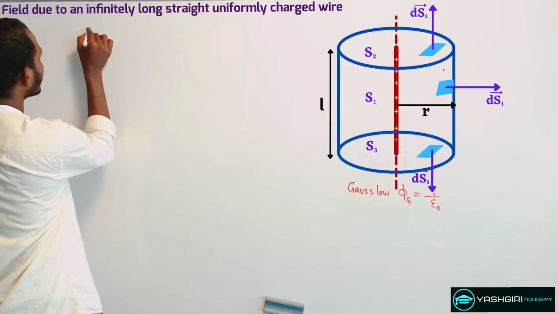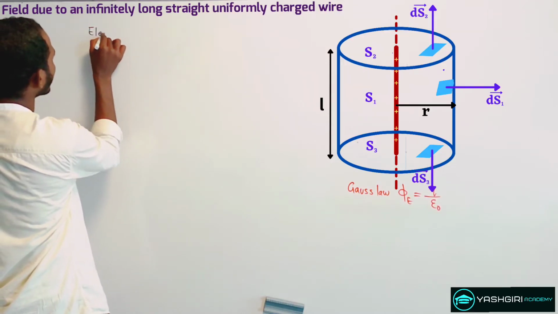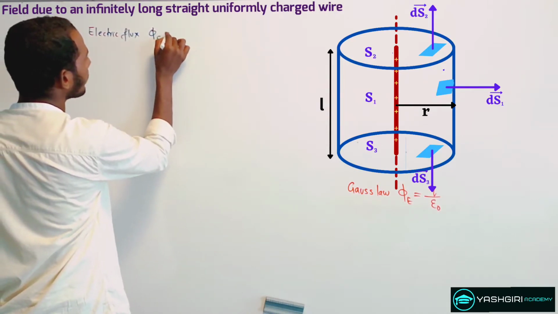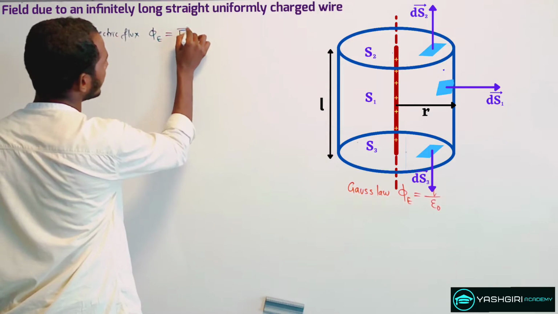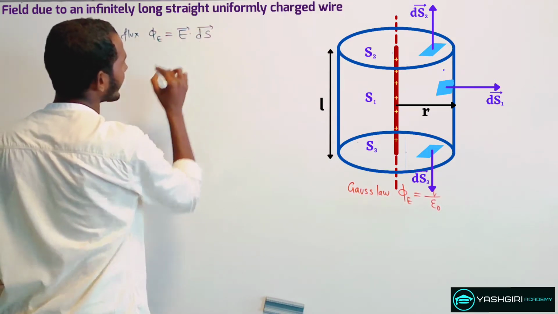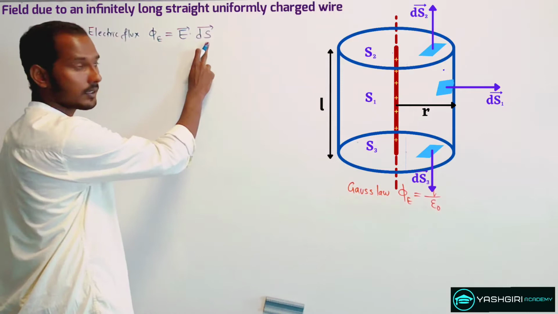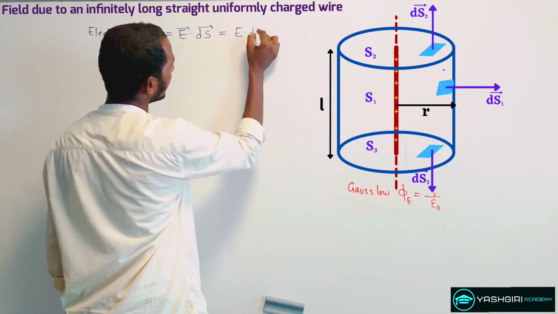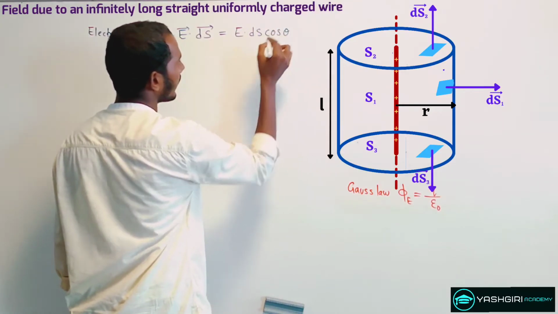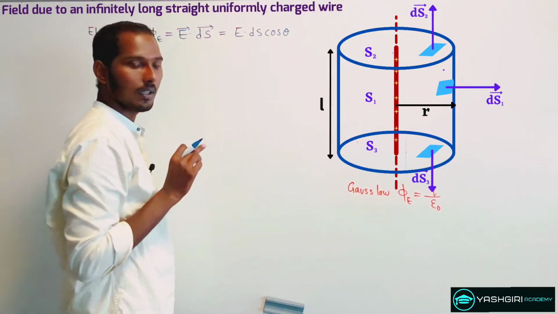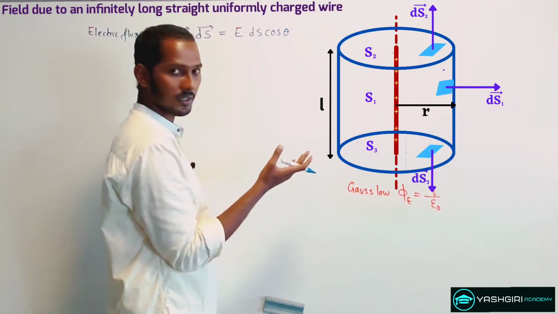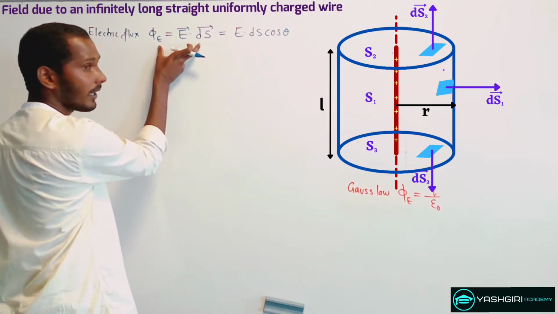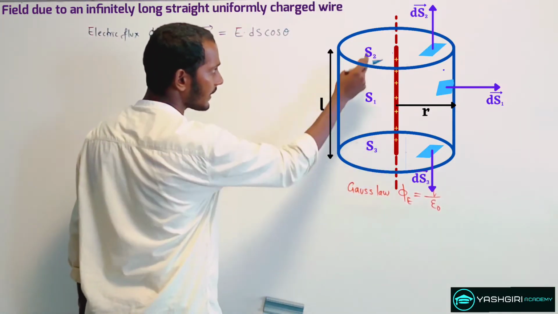Now here we have an equation to calculate the electric flux. The electric flux, phi of E, is equal to vector E dot vector dS. That's the expression, and the same dot product I can write in terms of E dS cos theta. So this is the formula that we know. Now we have 3 surfaces for the cylindrical Gaussian surface, so let me rewrite this formula for all these surfaces individually.